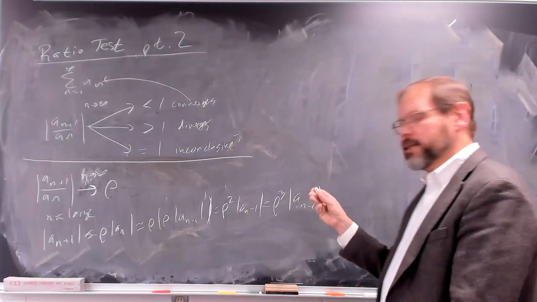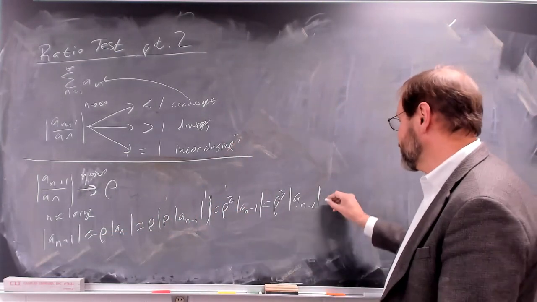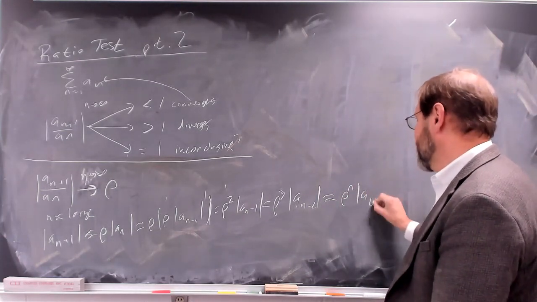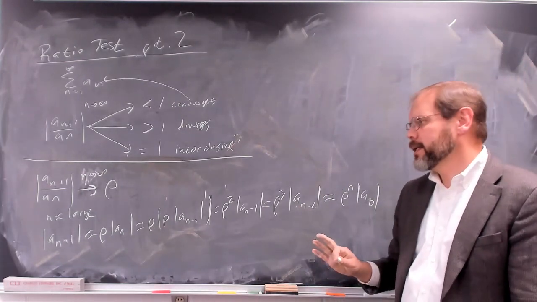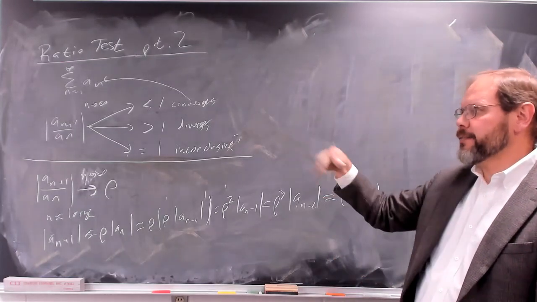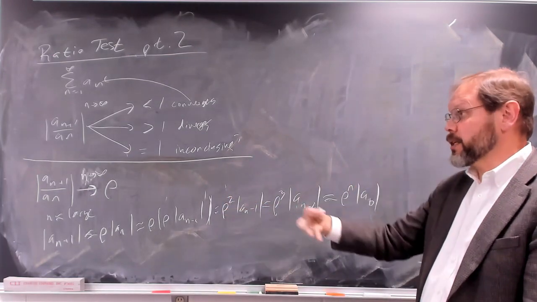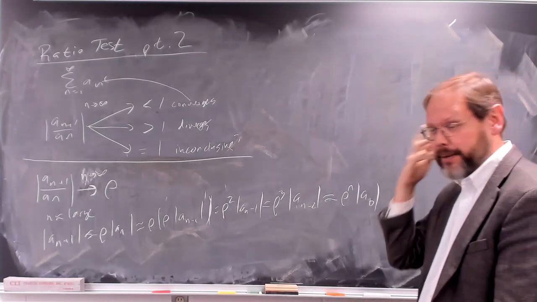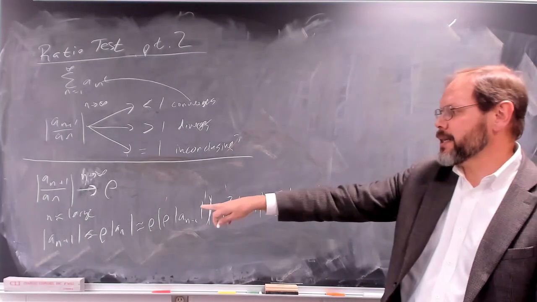And back to the beginning, more or less, this roughly looks like rho to the n times a sub 0, where a sub 0 would be the first term. Now, it doesn't mean exactly that, but that's the idea: consecutive terms are basically proportional to the previous terms, especially as n gets larger, and that's what's important. So we don't even have to take this all the way back to 0, we just have to take it back to some point.